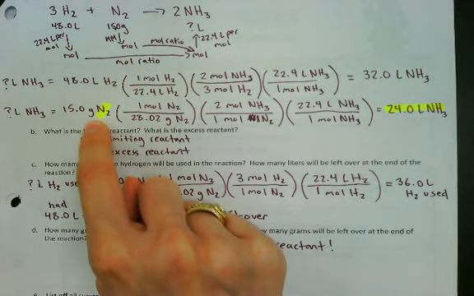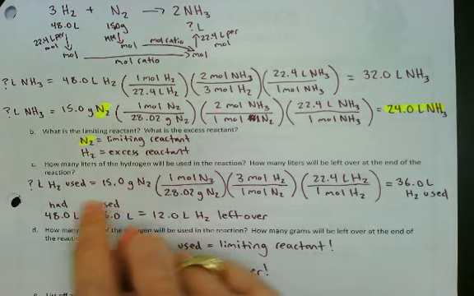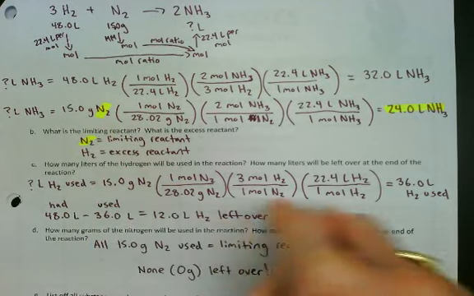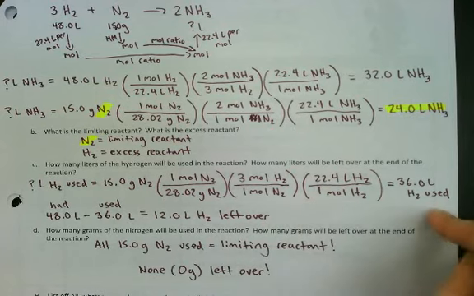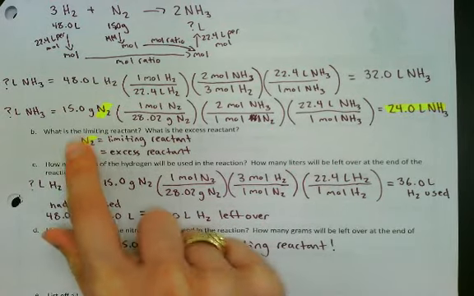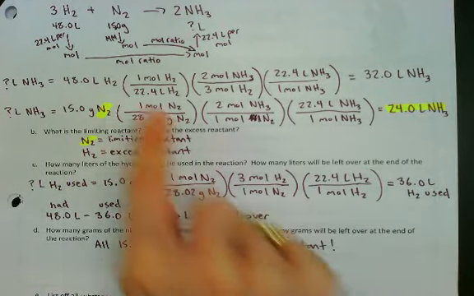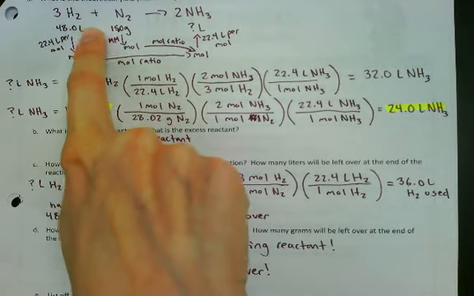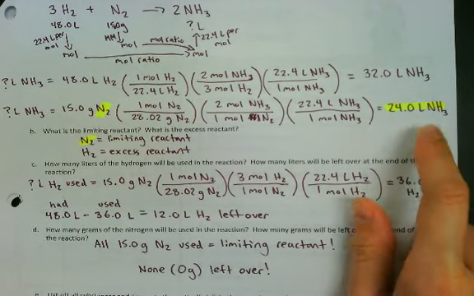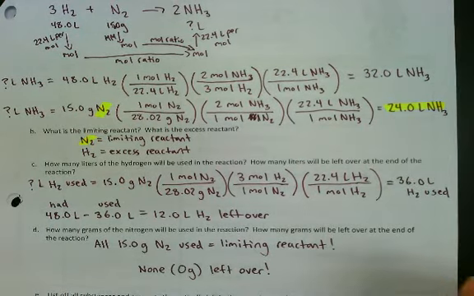using our 15 grams of nitrogen. We can go ahead and figure out how much hydrogen we're going to use. Okay? So just go ahead and use your nitrogen to figure out how much hydrogen is going to react with that nitrogen to make you this 24 liters of ammonia.